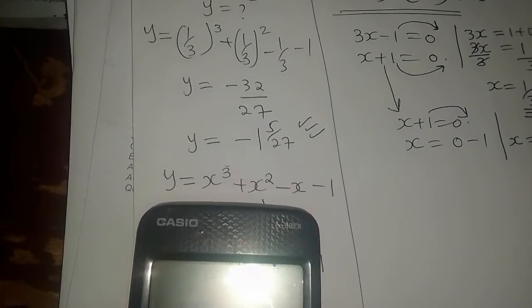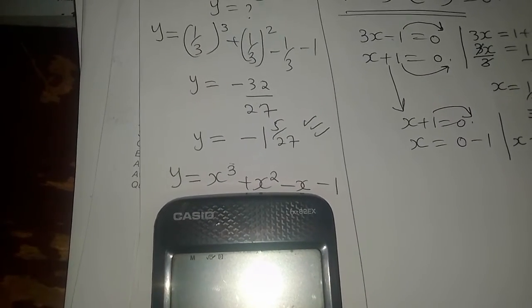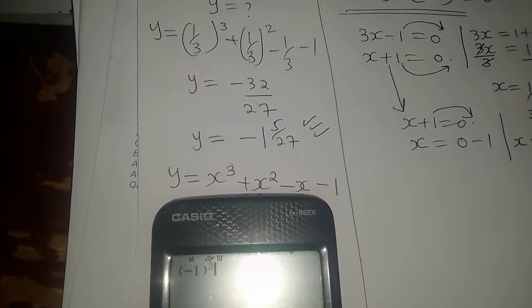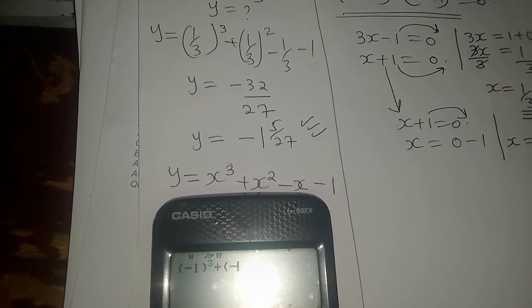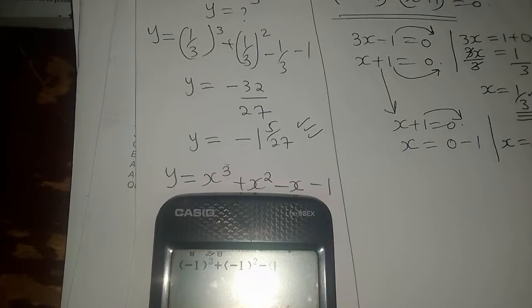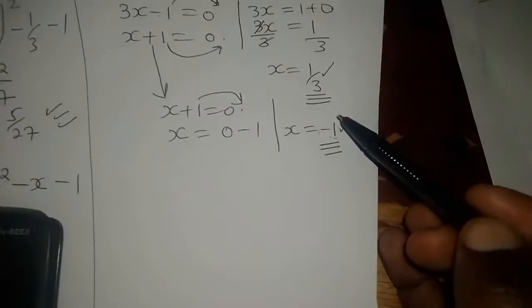That gives you 2. If you want to make it easier to get your answer, you'll open the brackets, put negative 1, close the bracket and say cubed, then plus, again open bracket, negative 1, close the brackets, squared, and again minus, open bracket, negative 1, close the brackets, because it was negative 1.